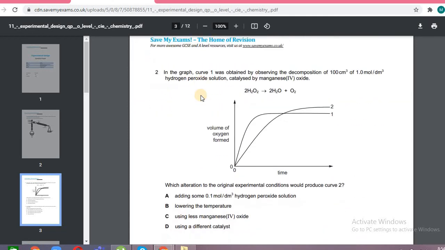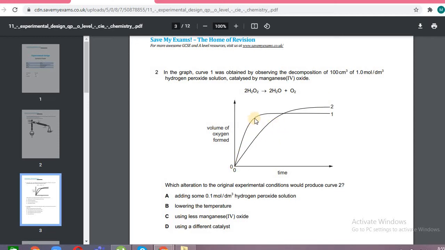In question number 2, they have given us a graph where two curves have been shown and a reaction is given. The question is, which alteration to the original experimental condition will produce the curve 2? Let me first explain these two curves. We know that the slopier the curve is, the slower the reaction is.